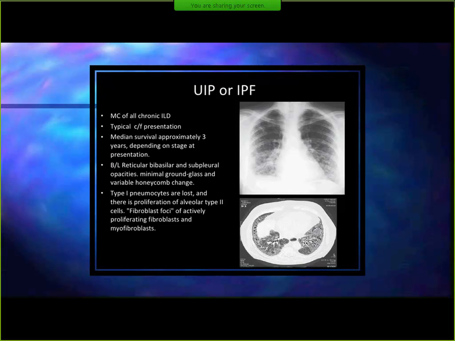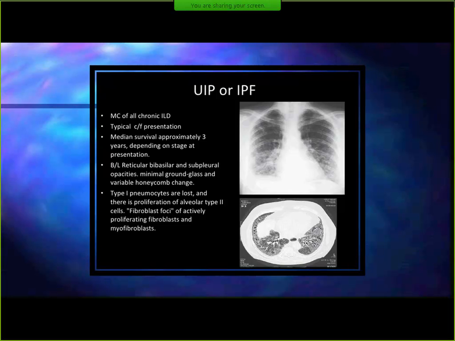You have reticular basilar and subpleural opacities. Usually no ground glass. That's a feature that goes against idiopathic pulmonary fibrosis. They have honeycombing and loss of volume, and they have traction bronchiectasis, and it's a subpleural disease.